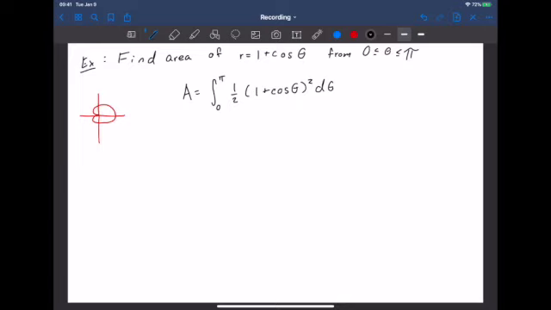This area should start at theta equals 0, go through theta equals pi over 6, pi over 3, pi over 2, 2 pi over 3, 5 pi over 6, and at pi, we're back to 0.